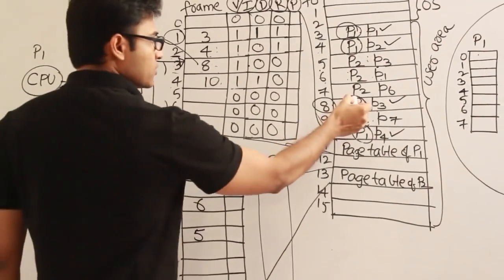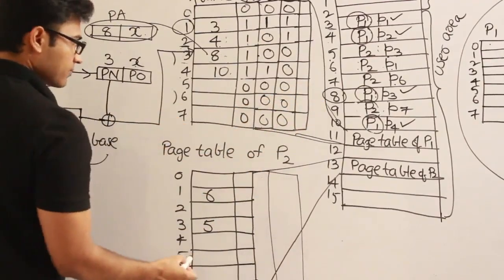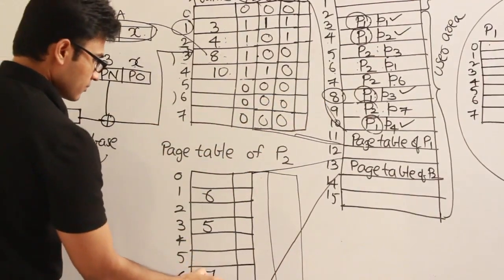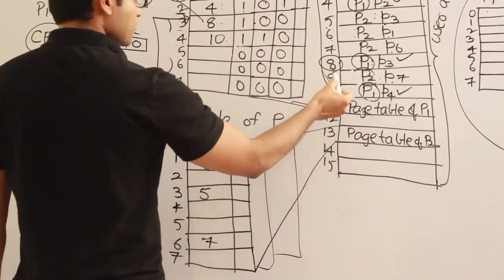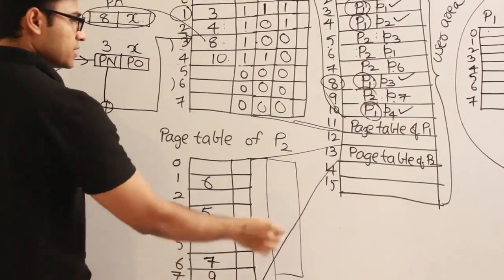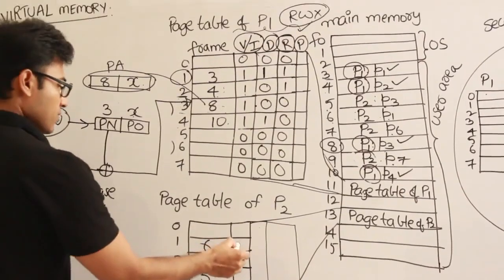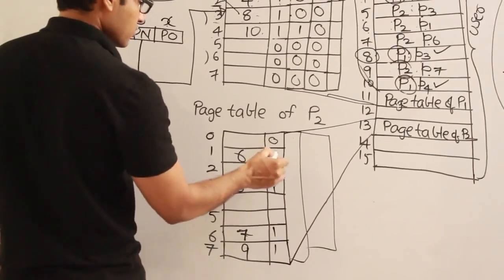And again process 2 page number 6 is present in frame number 7, and process 2 page number 7 is present in frame number 9. Got it? So this is how the page table will be filled up, and you will have valid bits as 1 1 1 1 and then 0 0 0 0.